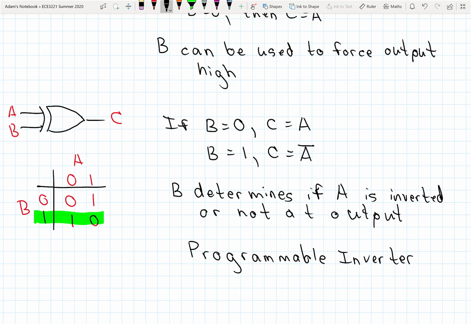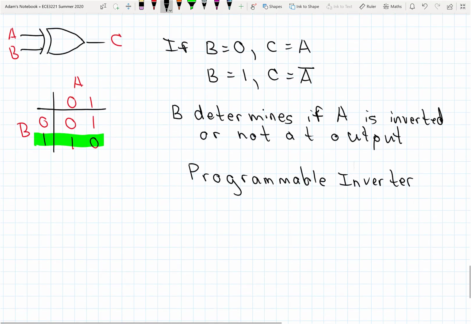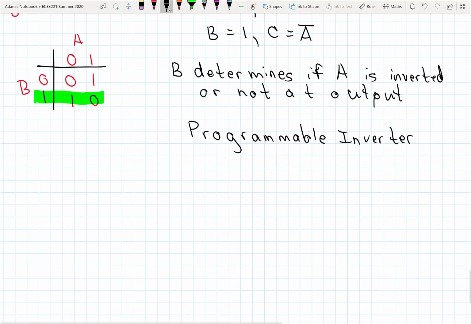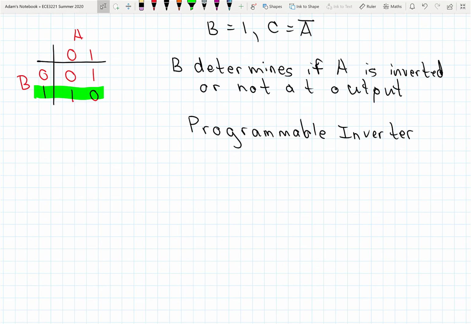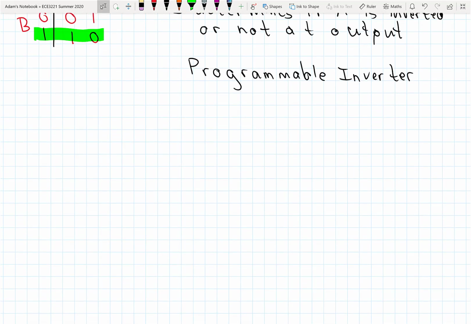Okay, so let's look at this in use with a few simple bitwise logical operations. Let's do some simple bitwise logical operations.